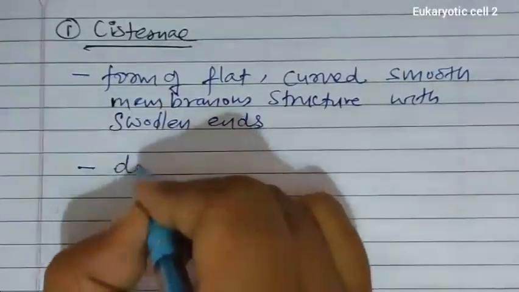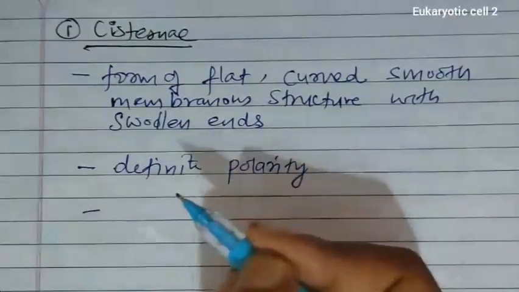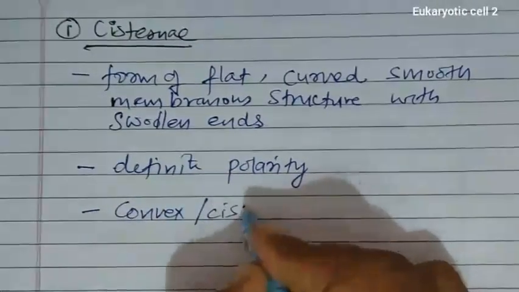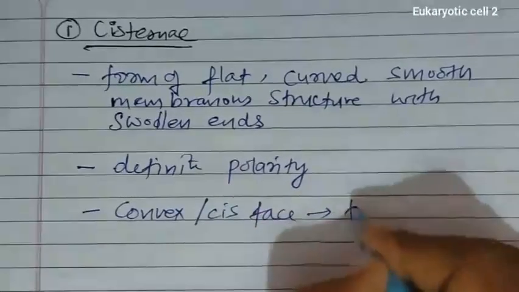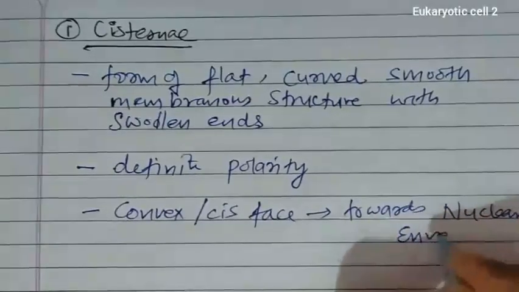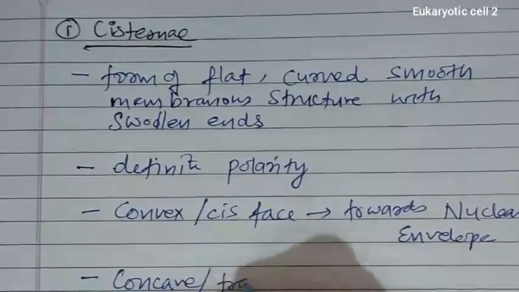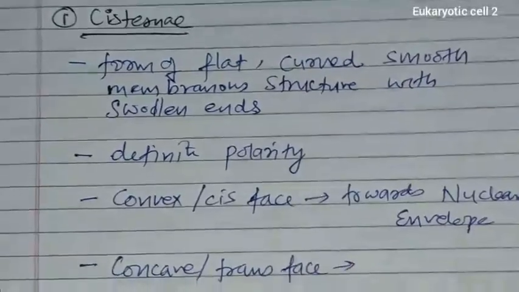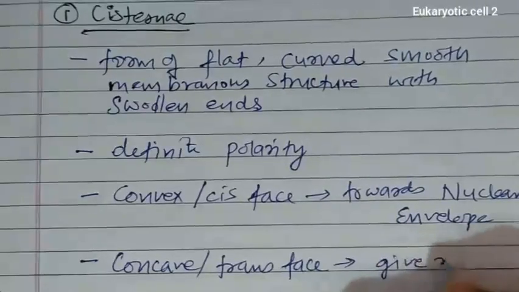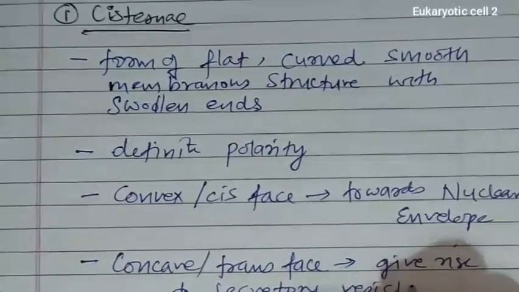They have a definite polarity, that is, the convex or cis phase is towards the nuclear envelope and the concave or trans phase, which is the oldest, gives rise to secretory vesicles.